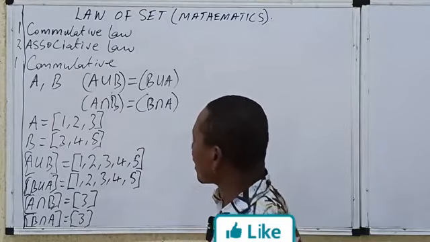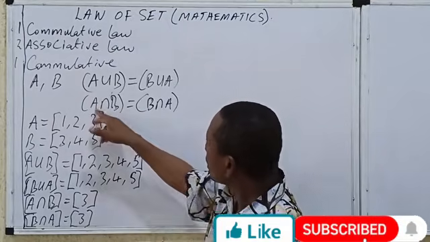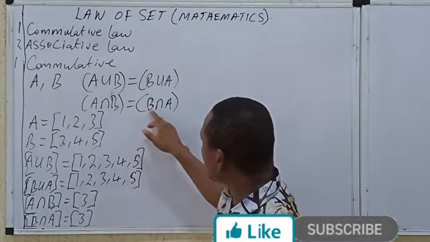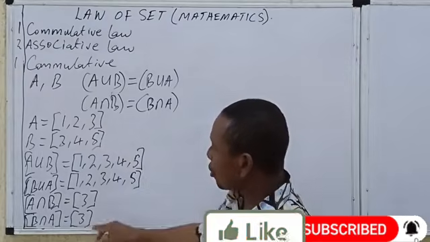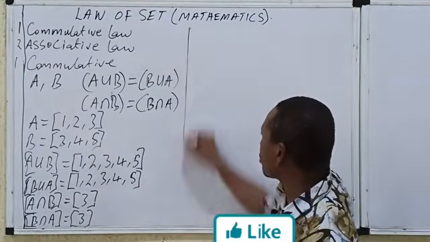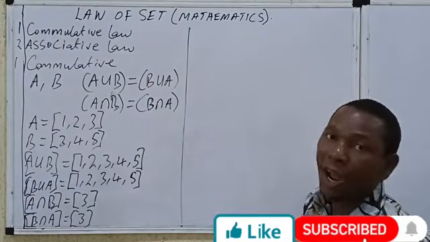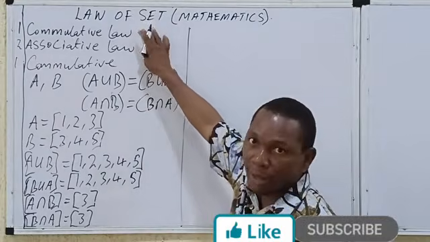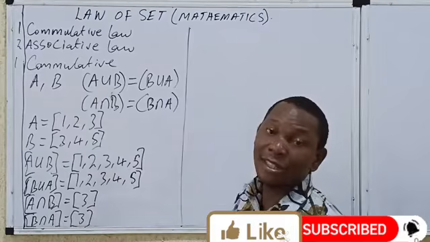So you realize that A intersection B, which is 3, is equal to B intersection A, which is also 3. So this statement proves true. It's a very simple concept. This is the commutative law, showing how sets behave.